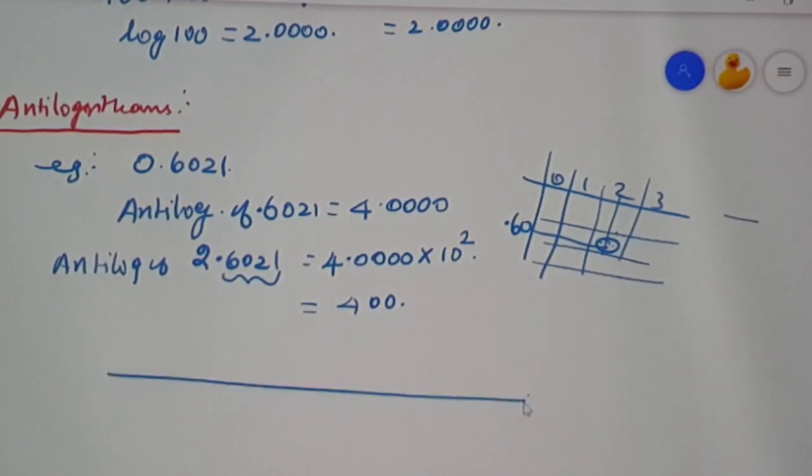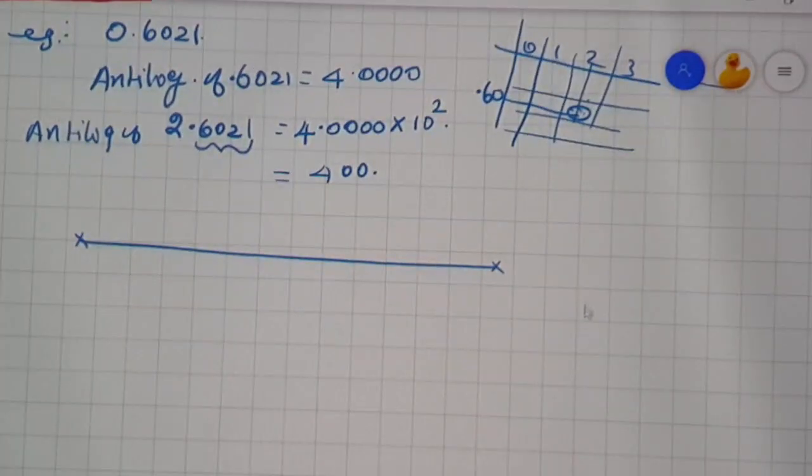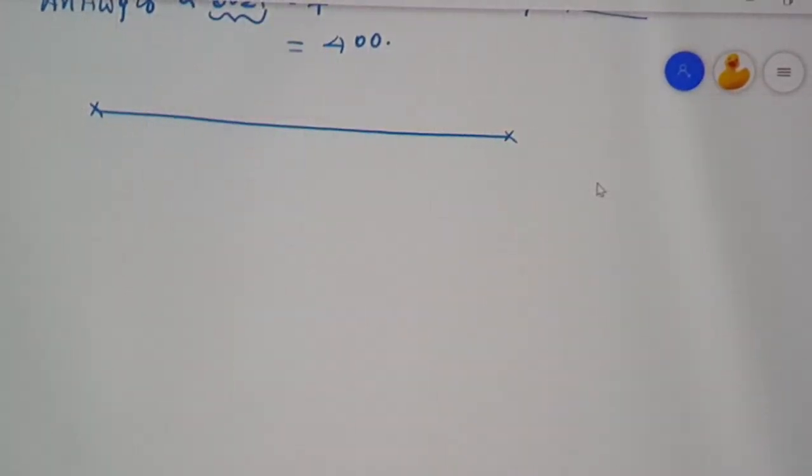So you just try to understand this and try to do some problems using it. For example, I will give simple problems with the help of which I can get the answer. Let us multiply 2 into 4. We know the answer is 8, but I have to multiply it using logarithms.